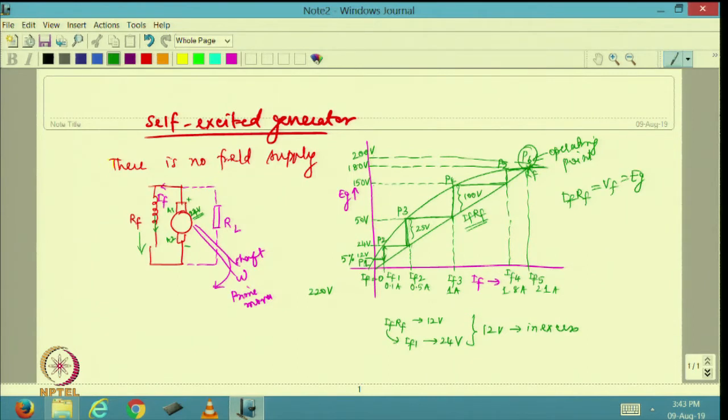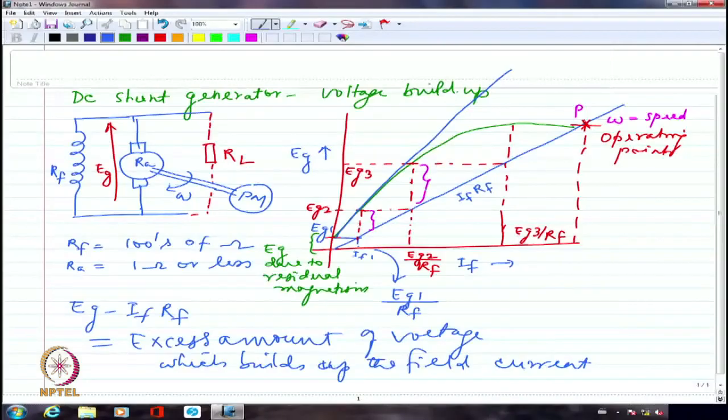Now, once it reaches this point, we can actually afford to connect the load. That is when we are going to connect the load. This particular line is the IF RF line I told you. The slope of this line basically gives me the resistance value.